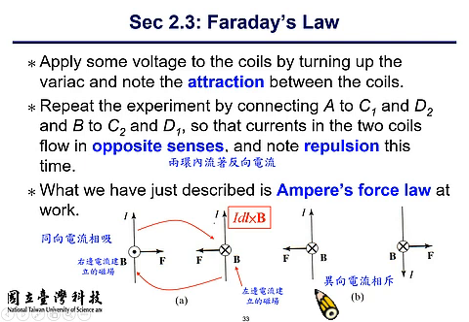I dl cross B to find out the magnetic force acting on this loop. So dl cross B, it ends up in this way. So the force is pointing to the right for this loop.